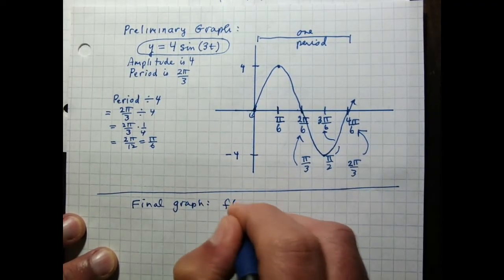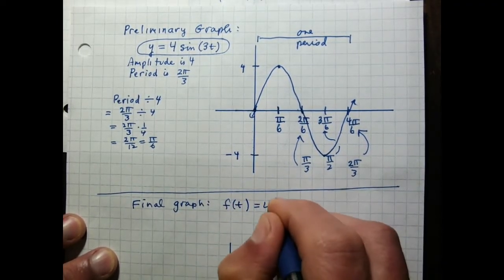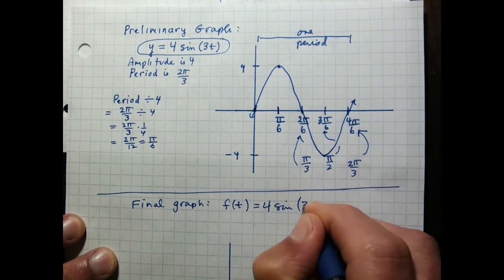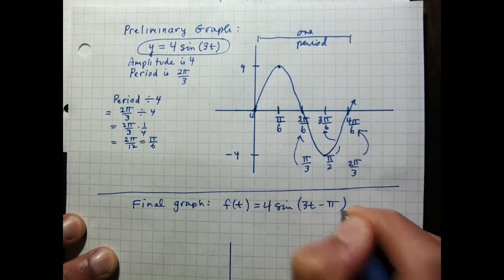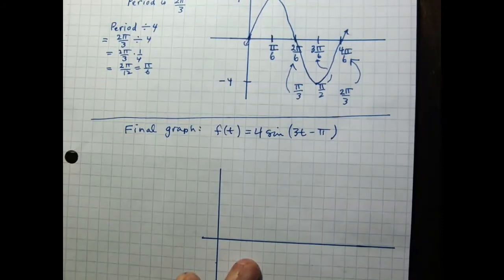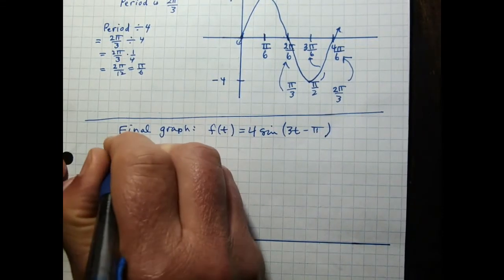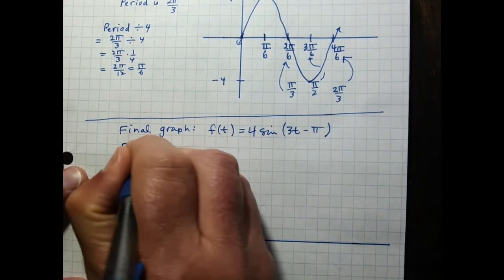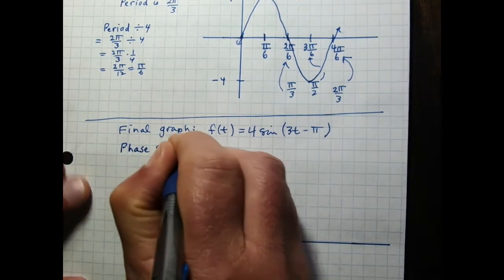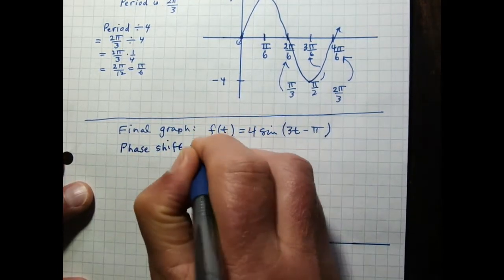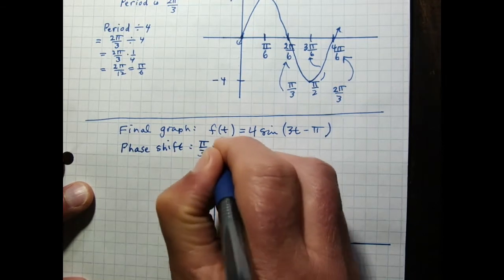but now we've got to work on our final graph, which was going to be f of t equals 4 sine of 3t minus pi, where we have now a phase shift that we figured out was pi over 3 to the right.